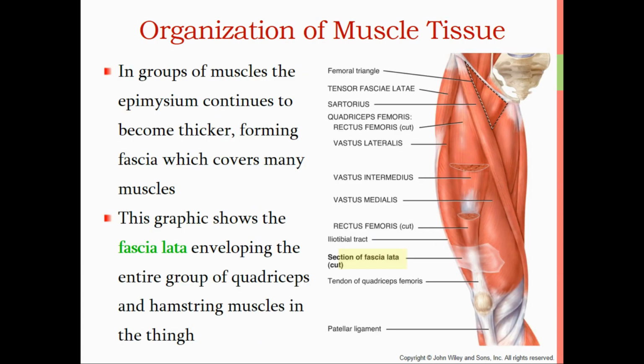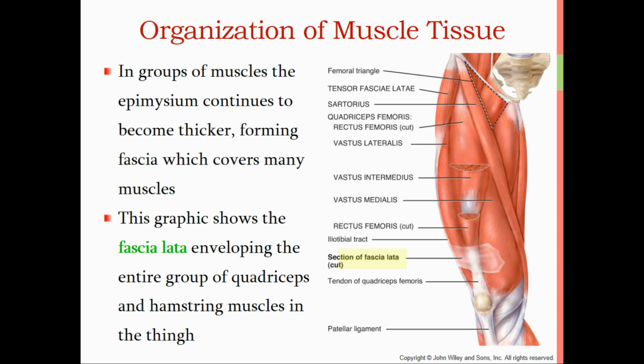Organization of muscle tissue, the groups of muscles: the epimysium continues and becomes thicker, forming a fascia which covers many muscles. So you can have groups of muscles that are covered in this fascia. Take, for example, here we have the quadriceps, aka your quads, as they're called, in your legs, and the anterior part of your thigh.